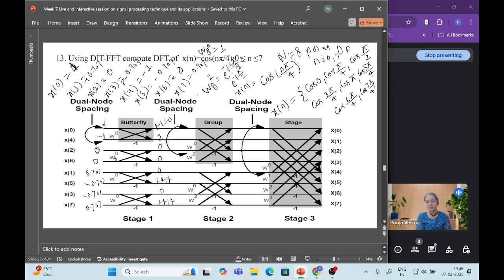What will be the value of e to the power minus j pi by 2? First W80 will be 1 only. So it is 1, it is, I think, minus j. Yeah, so it is 0.